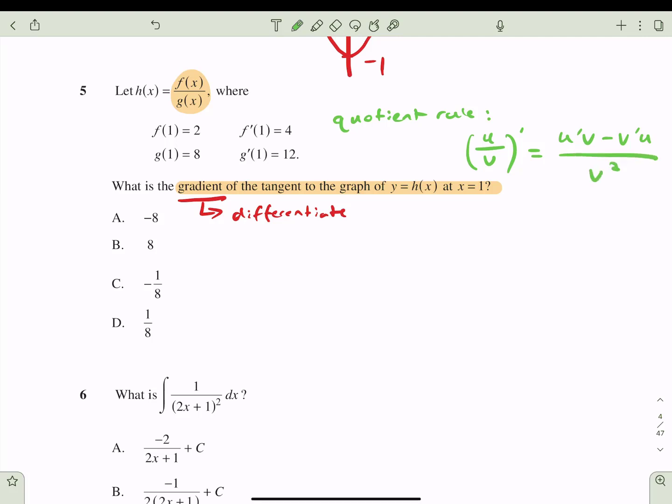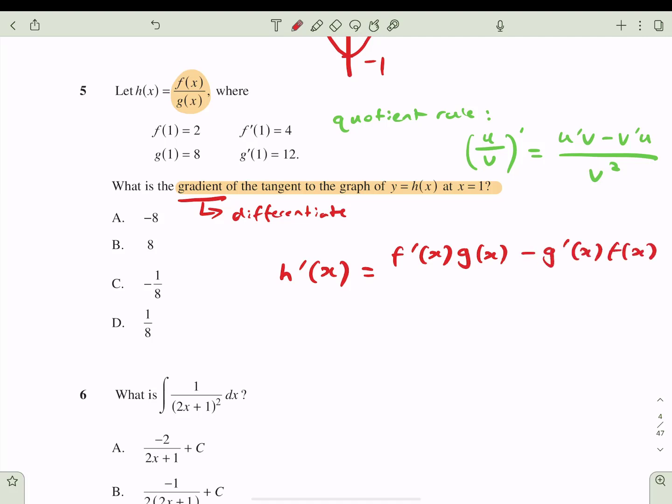So applying that to this question here, I have h dash x is equal to f dash x times g(x) minus g dash x times f(x), all divided by g(x) squared. Okay, and now I have my derivative expression.